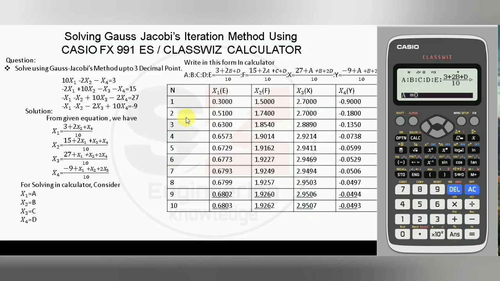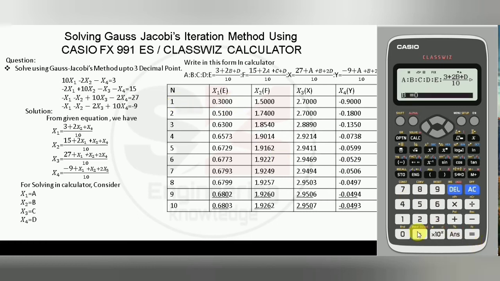We have to write the values from iteration 1 in this calculator for iteration 2. So in iteration 2, it will ask for the values for A, B, C and D. Then you have to write the values that you obtained from iteration 1 in this way. At first, for the variable A, that is x1, the value will be 0.3 from this table, from iteration 1.